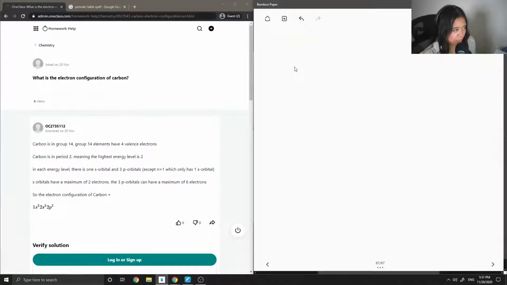Okay, so question 1 asks, what is the electron configuration of carbon? So first I'm going to write down the definition of electron configuration, since it might be a new term for some of the viewers.